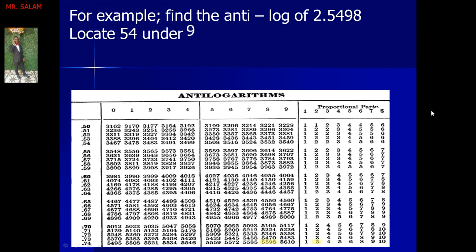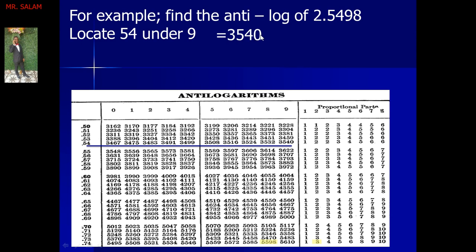First, we are going to locate 54. Don't forget, we're only interested in this mantissa here. So we locate 54 under 9. Look at my 54 here, under 9. So that will be 3540.